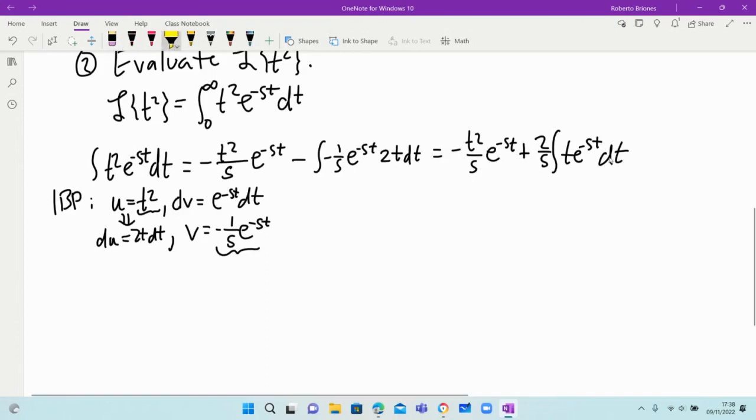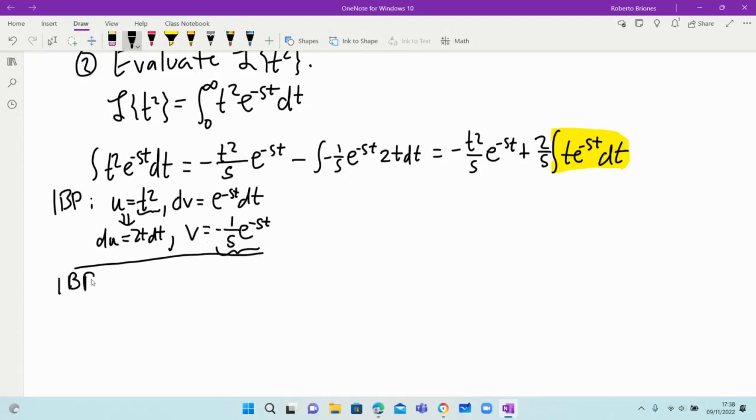And we're not quite done yet because we have to integrate the function here, which is t times e to the negative st. And to be able to do that, we need to apply integration by parts again.